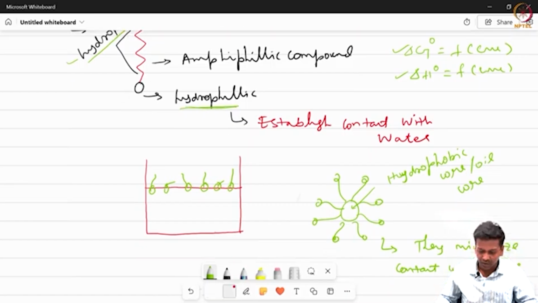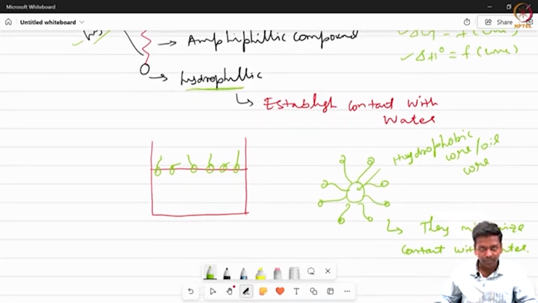Whenever we prepare an aqueous solution of surfactant, the surfactant has a natural tendency to go to the interface and orient itself such that the hydrophobic part is kept away from contact with the water. In this way, they minimize the contact of the hydrophobic part with water. So this is the natural tendency for surfactant.